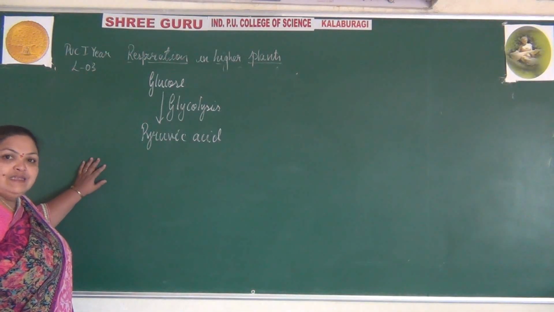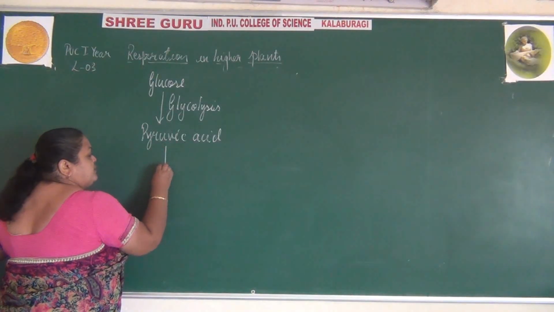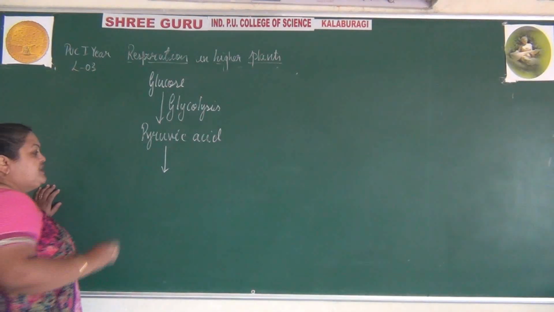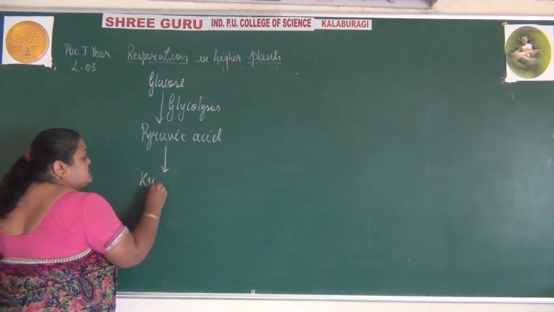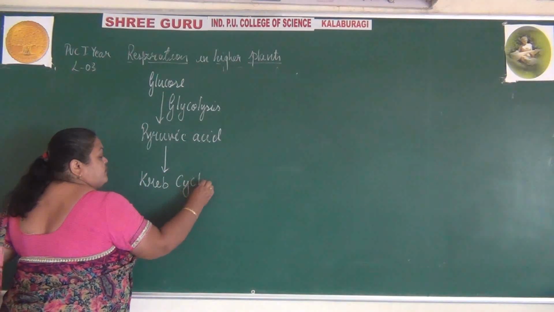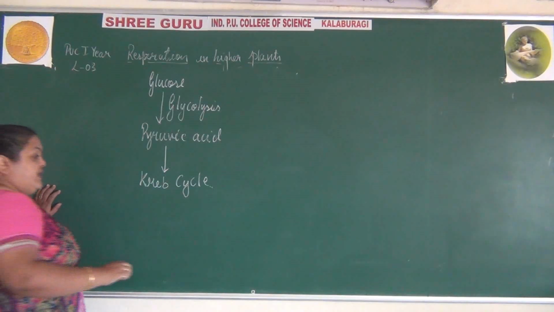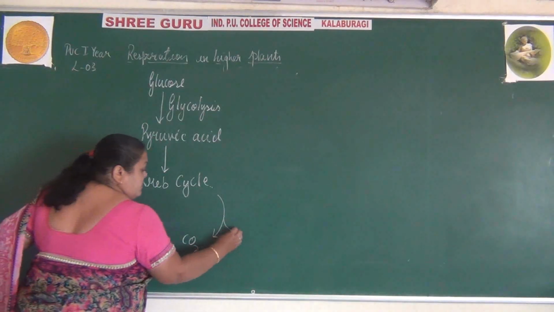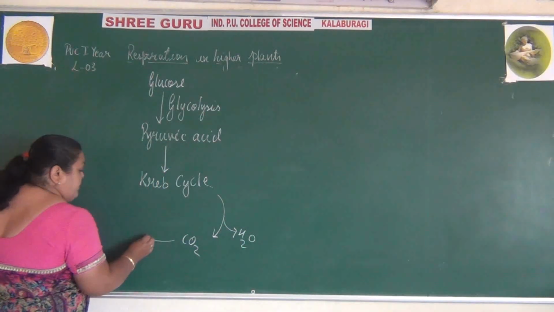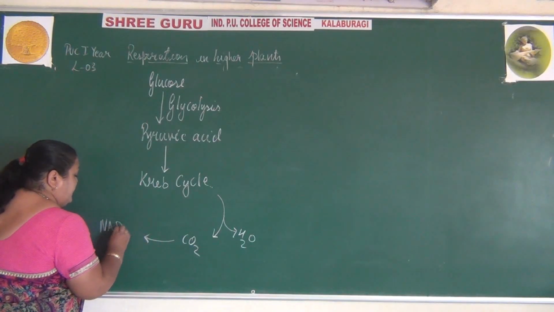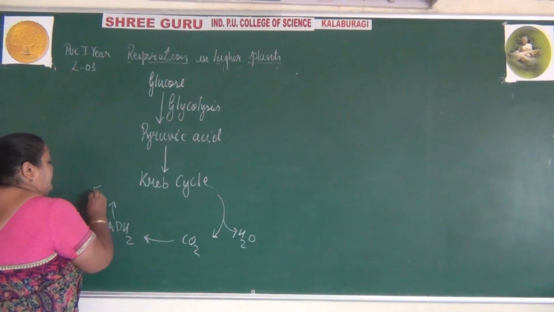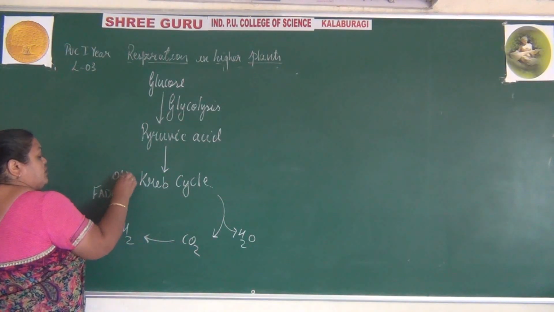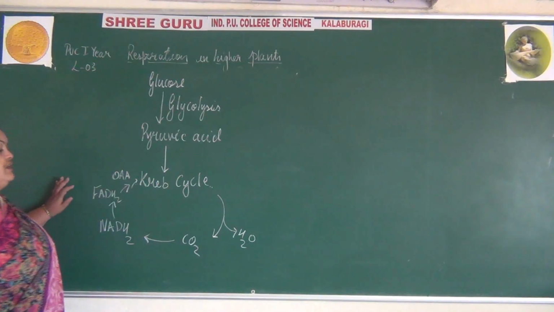Then the pyruvic acid enters the matrix of the mitochondria, where it enters the cycle known as the Krebs cycle, where there is a release of carbon dioxide, water, some amount of NADH2, FADH2, and formation of oxaloacetic acid and other components.